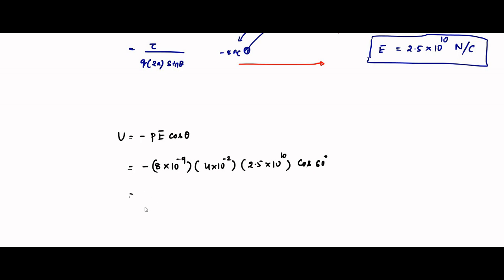Okay, so it is coming around minus 4 joules. This is the potential energy of the dipole. So this is the second part, and this here is the first part. Both we have calculated.